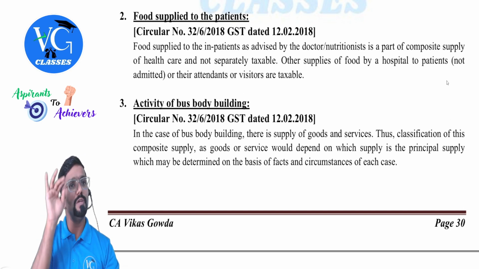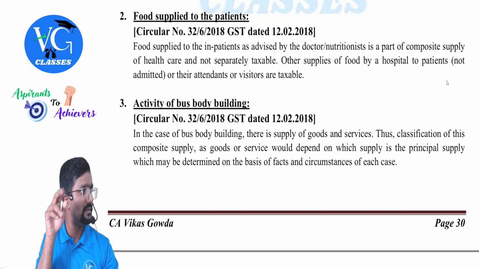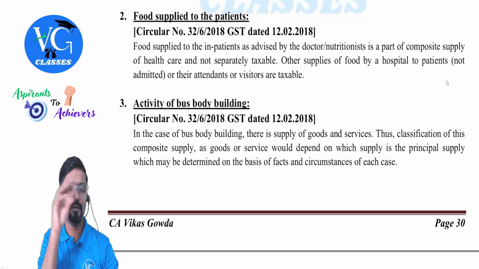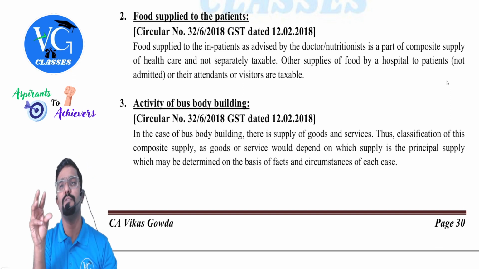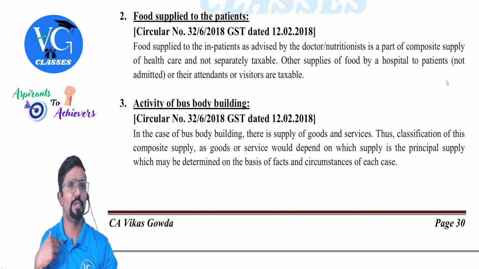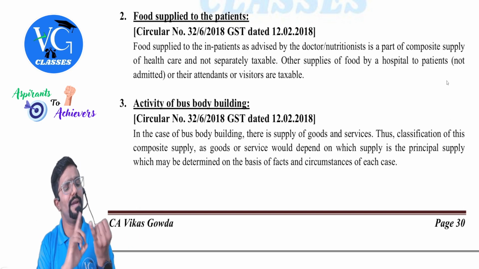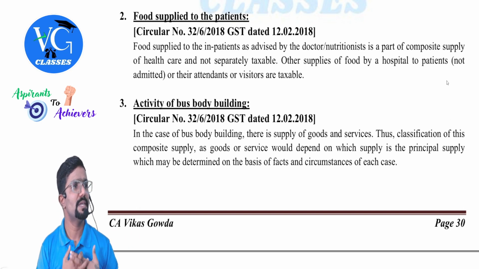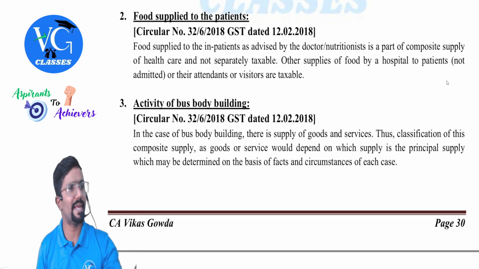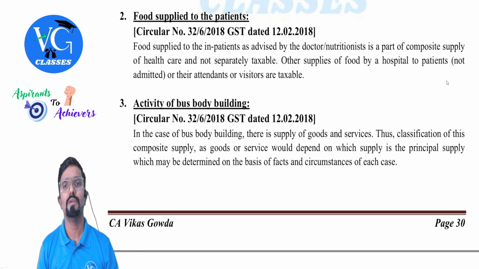Now, normally they will supply the food when I am admitted there, because there will be some prescribed food which will be prescribed by the doctor to be given to me. Accordingly, they will supply to me. Assuming they charge a single price for me, all medical treatment, food, everything put together. Is it a composite supply? Yes. Because in most hospitals, once the patient is admitted there, they take care of everything, including medicines, everything.